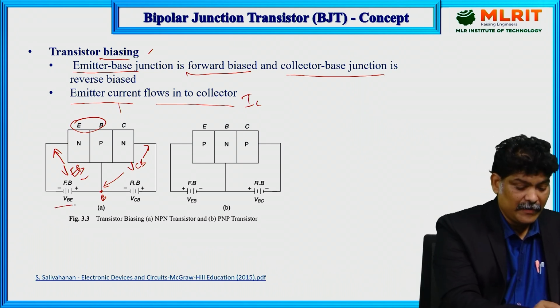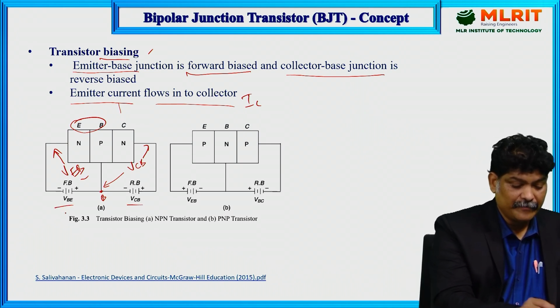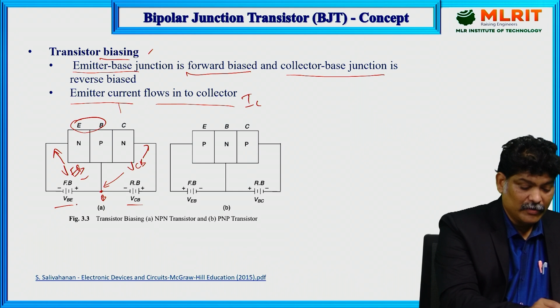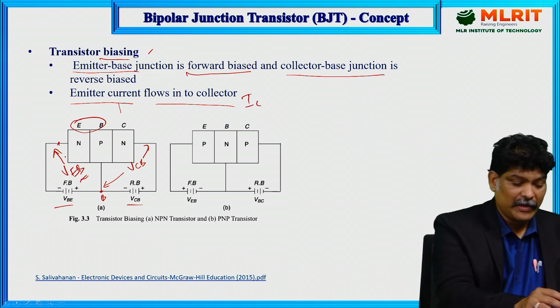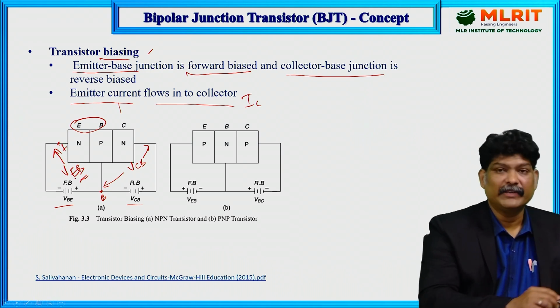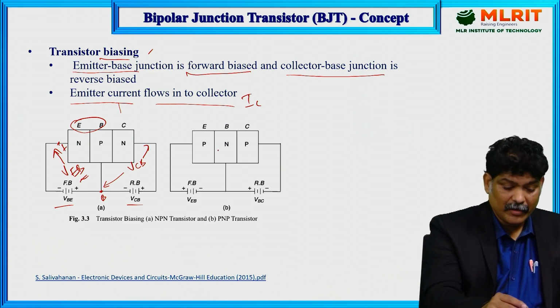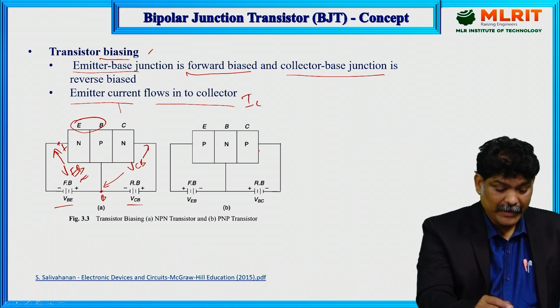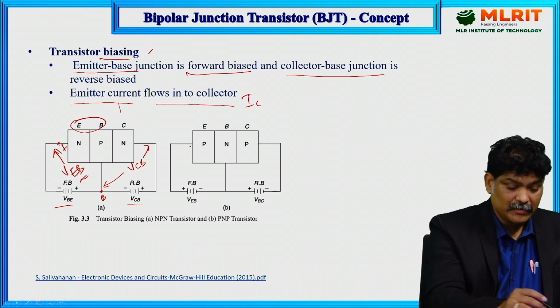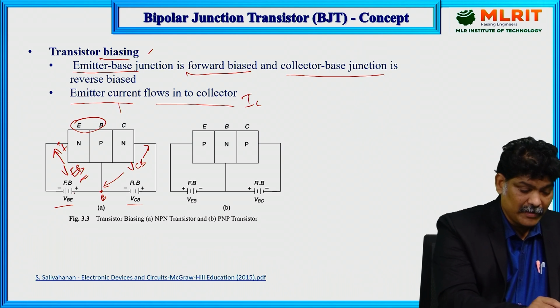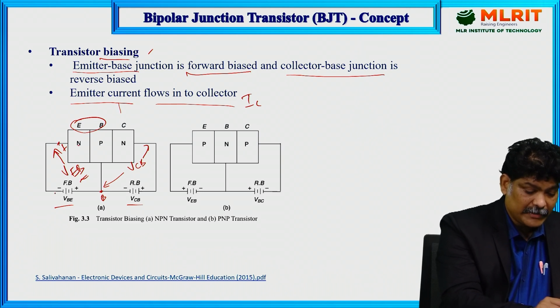So these are the biasing voltages, VBE, and actually we should write VEB, because the emitter is at top potential, top polarity, so we have to write VEB. And here also for the PNP transistor, see the main concept here, you can check: N is connected to the negative of the battery.